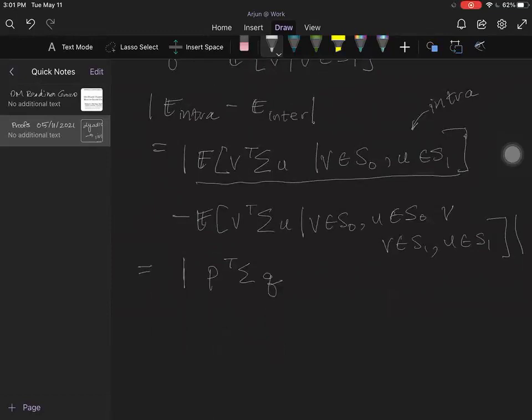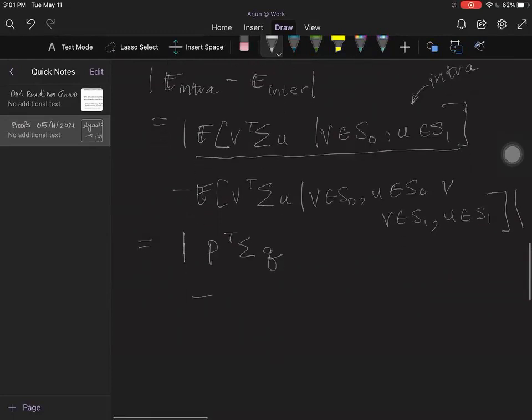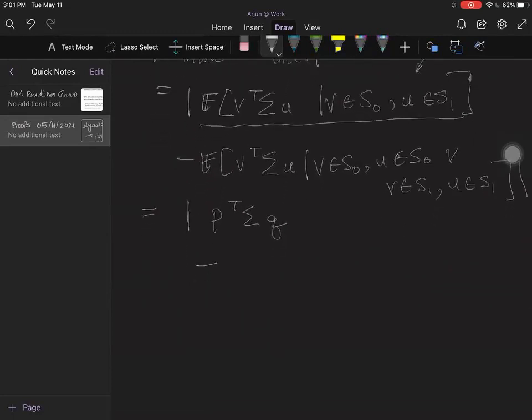So we have P transpose sigma Q, and now we're going to use the conditional expectation theorem.